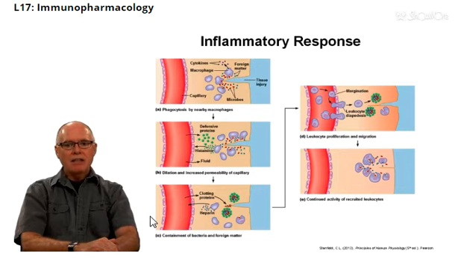In Panel A, after tissue injury like a cut or bacterial infection, macrophages engulf debris and matter. Panel B illustrates that capillaries dilate and become permeable to allow a greater flow of blood into the affected area. And this way, cells of the innate immune system can get easy access to pathogens.